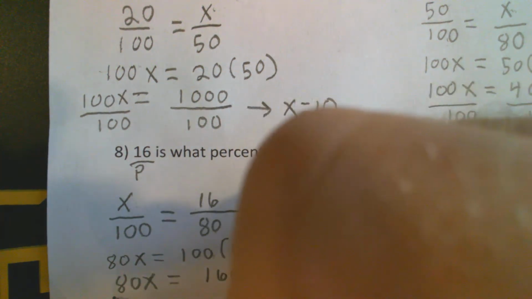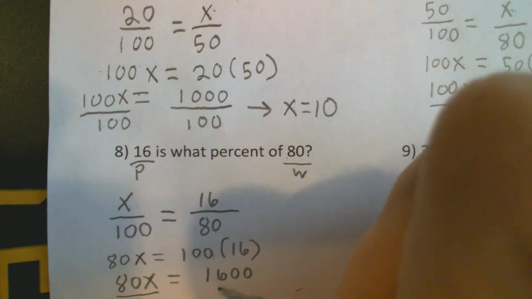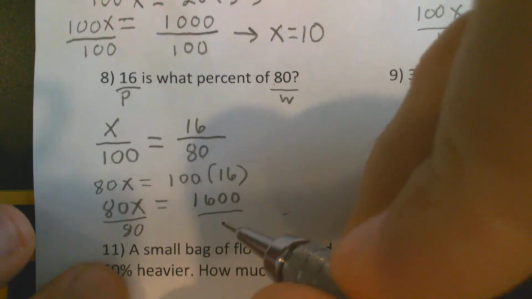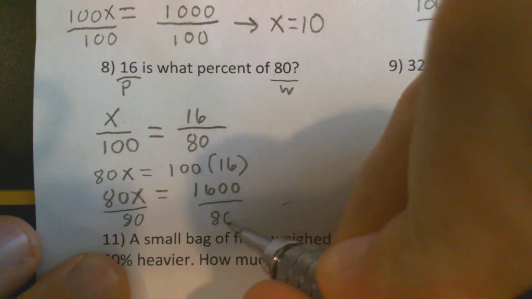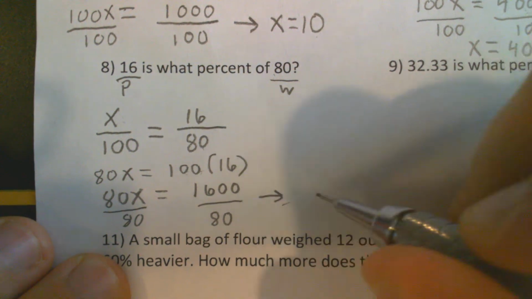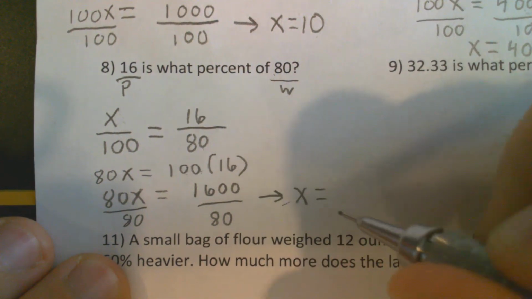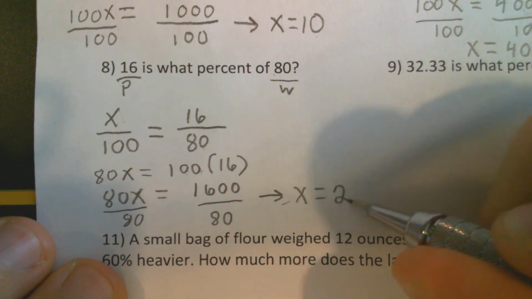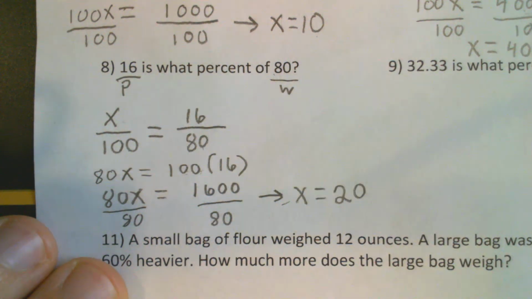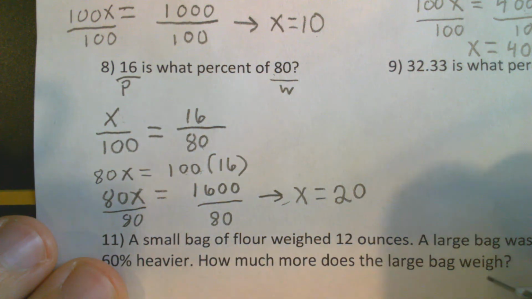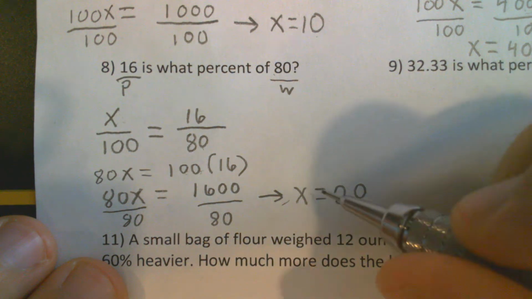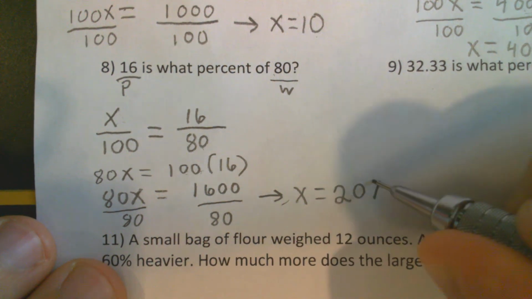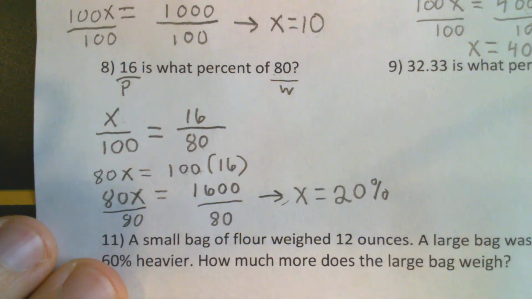Divide by 80. And that should give us 20. To make sure that we know that this is a percent, let's add our percent sign.